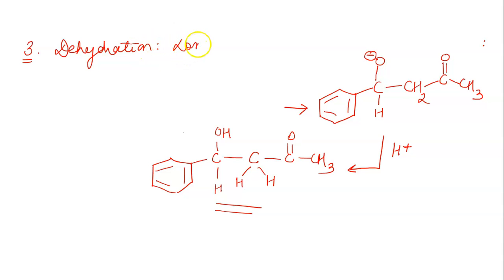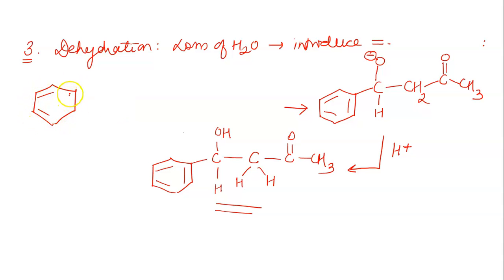So loss of water molecule will introduce a double bond in this structure. Okay, so I'm going to draw this intermediate properly so that you can understand this step. CHOH is what we formed. Then you have C. Then you have 2 hydrogens attached to this carbon, which are slightly acidic in nature, and you have a CH3.